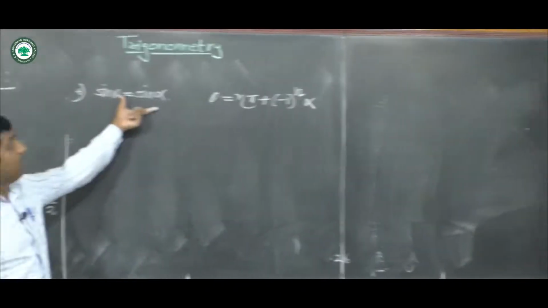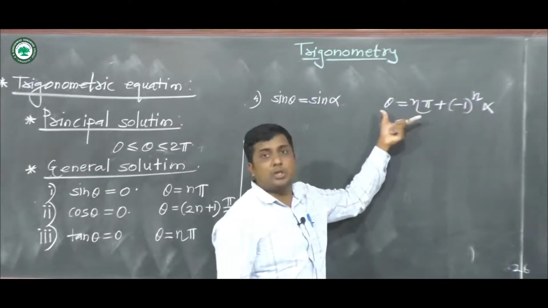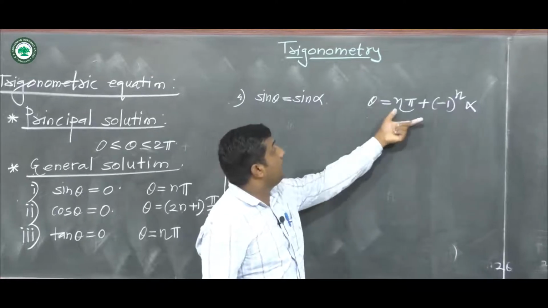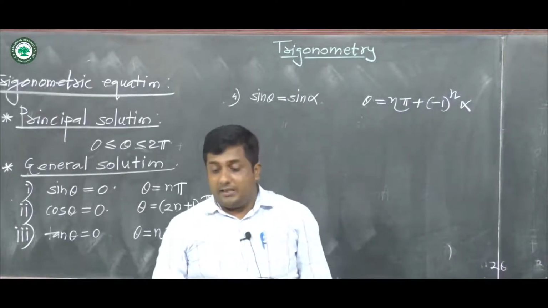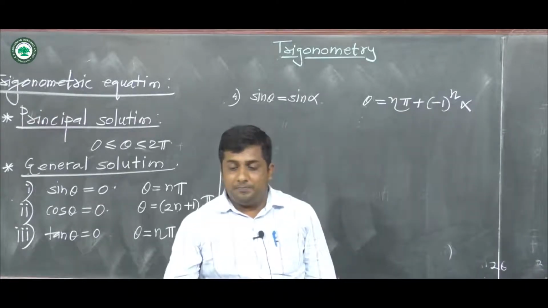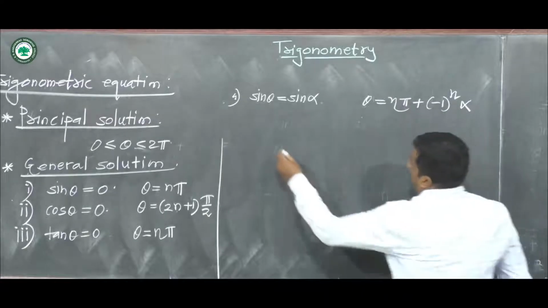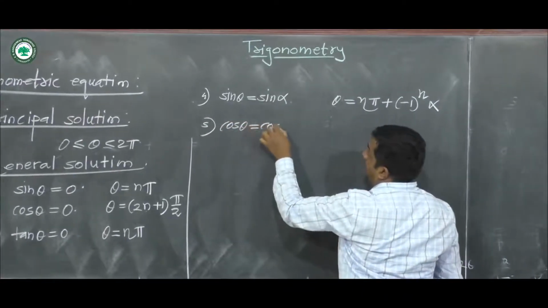Remember, for the equation sine theta is equal to sine alpha, the general solution is theta is equal to n pi plus (minus 1) raised to n alpha, and n belongs to Z. Then in the fifth we consider cos theta is equal to cos alpha.